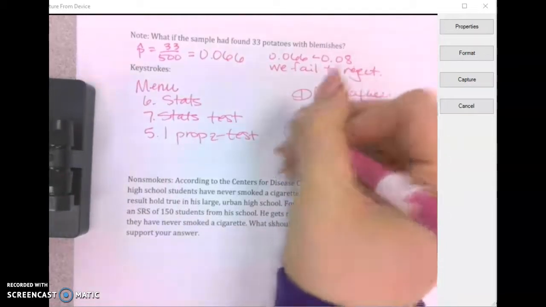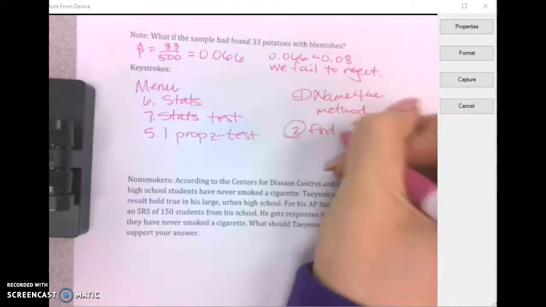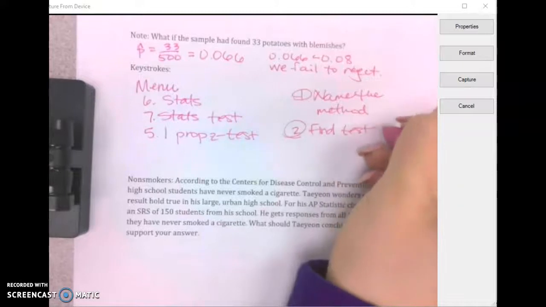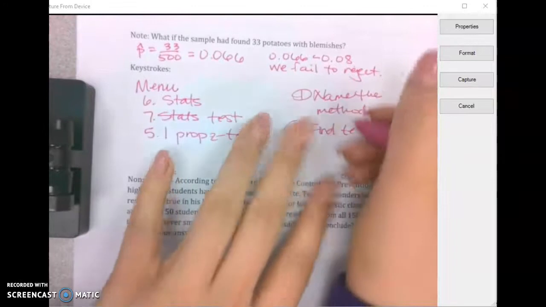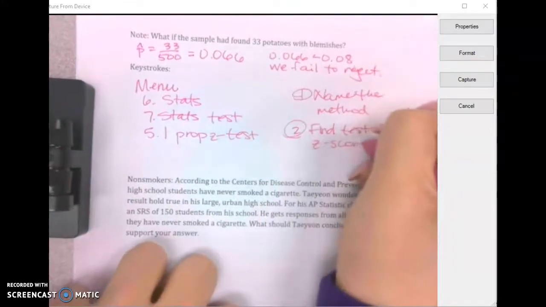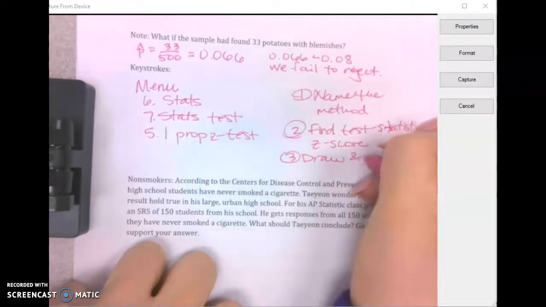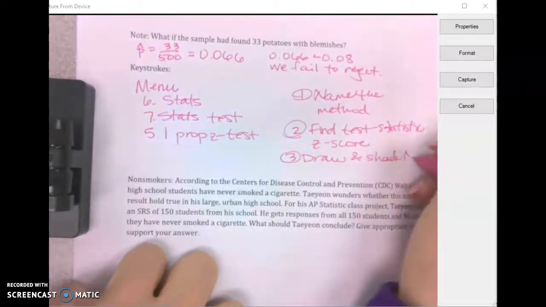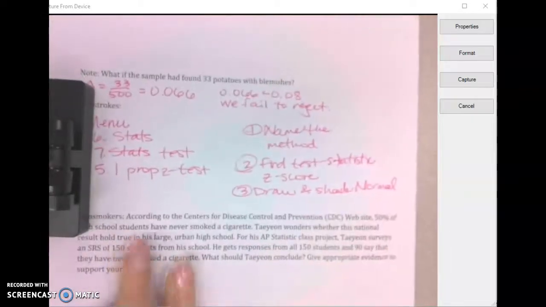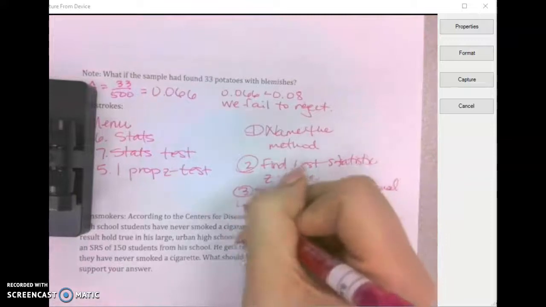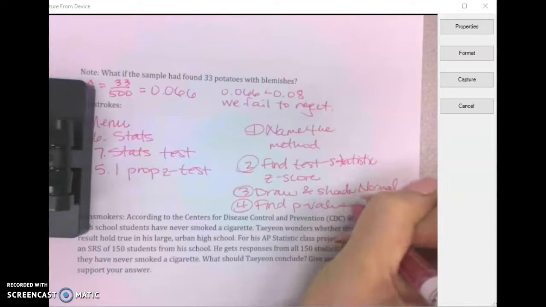You still have to find your test statistic, so you still have to find your z-score. You still need to draw and shade the normal curve. That means labeling. And then you can find the p-value, and you still have to conclude and do all that.